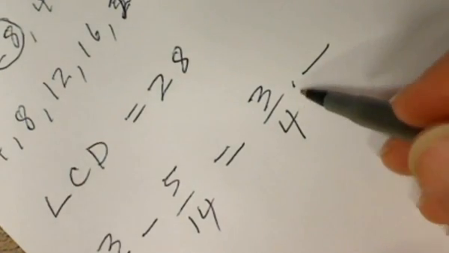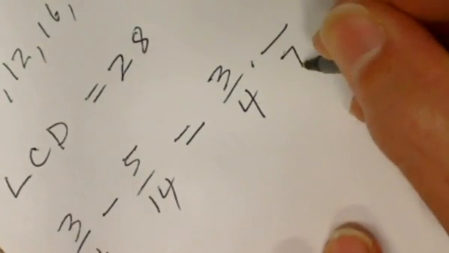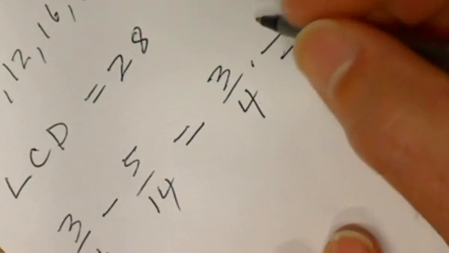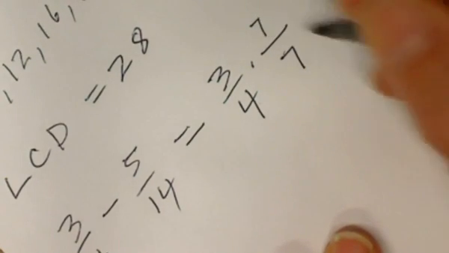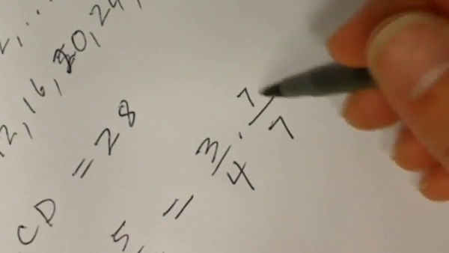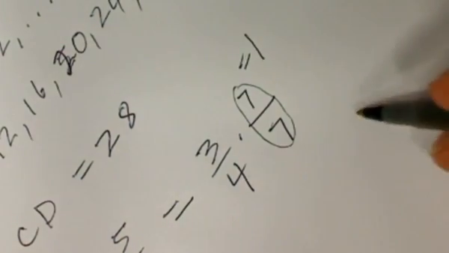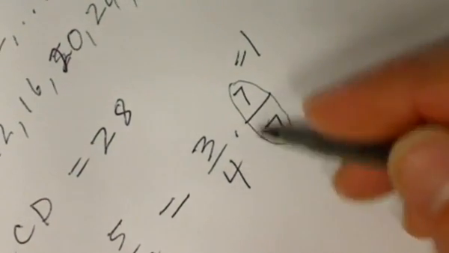We have already observed that 4 times 7 is 28. So we multiply 4 times 7 on the bottom to get 28. Immediately we multiply the numerator by 7 also. The reason is 7 over 7 equals 1, and as long as you multiply by 1, you have not changed the value of the fraction you get.